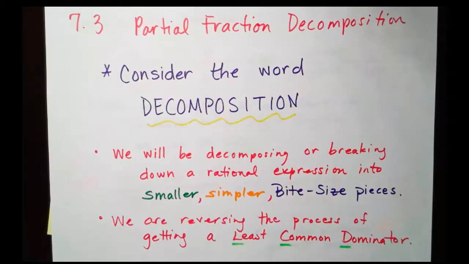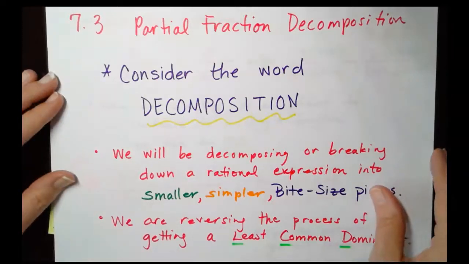Most especially, it's going to come up in Calc 2 when you are integrating with parts. We're essentially going to be reversing the process of getting a least common denominator. And that's why we spent a good amount of review time going over least common denominator in the previous homework.